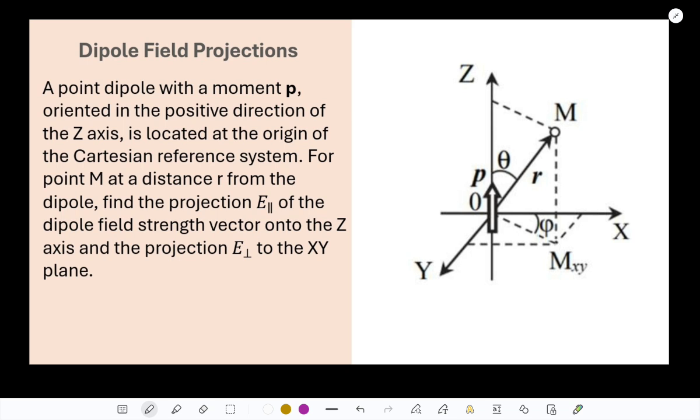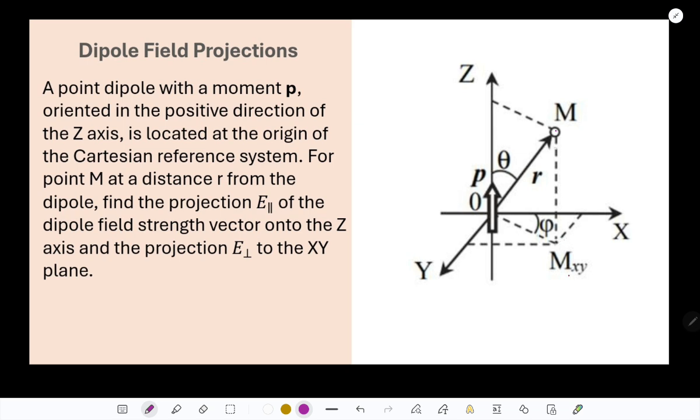And to do so, I have drawn a picture here on the right side. If you can see the picture, the first thing I did was project point M onto the xy plane as Mxy.